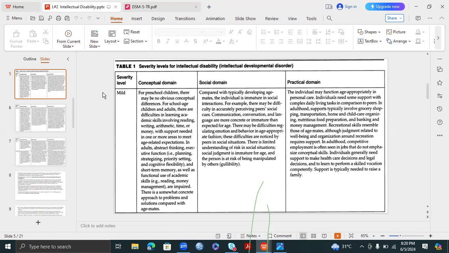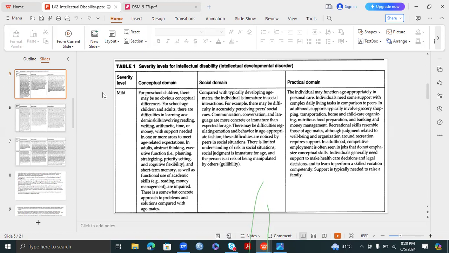But when we are talking about the social domain in terms of the mild problem, then obviously the individual will be immature in social interactions. There will be some kind of difficulties in regulating the emotions and behavior in an age-appropriate fashion, and you will note this kind of difficulty in their peer interaction as well.